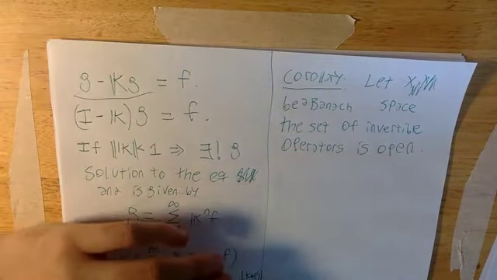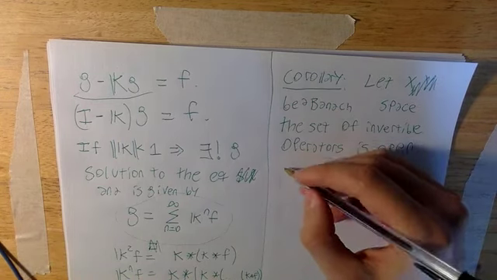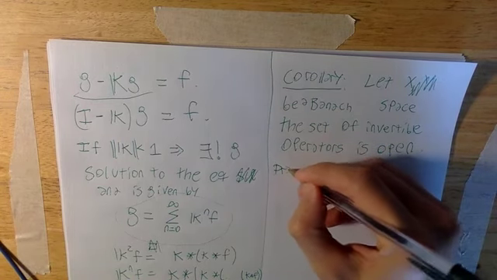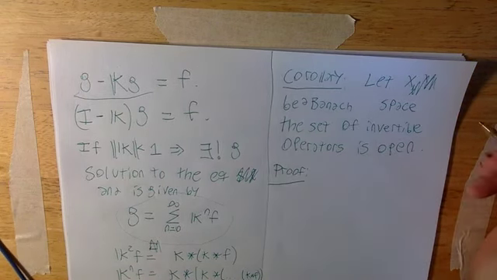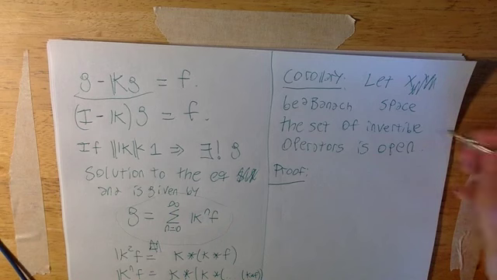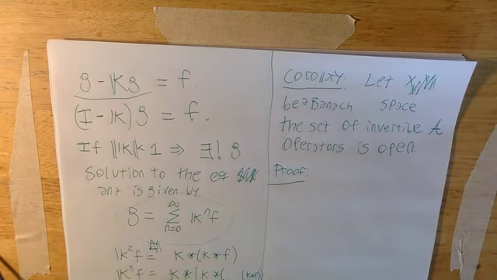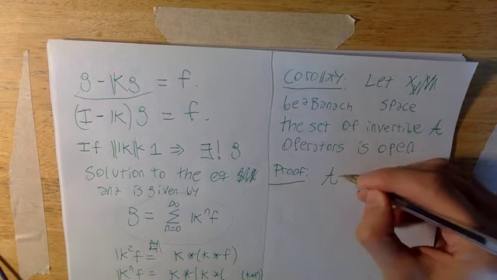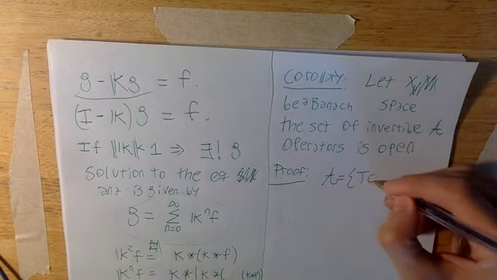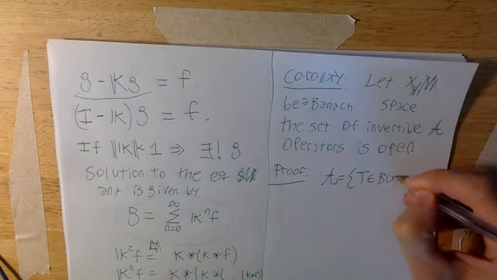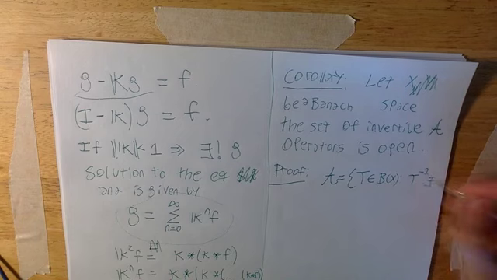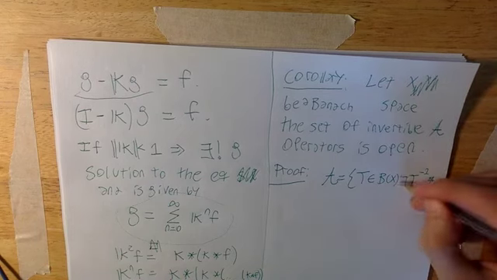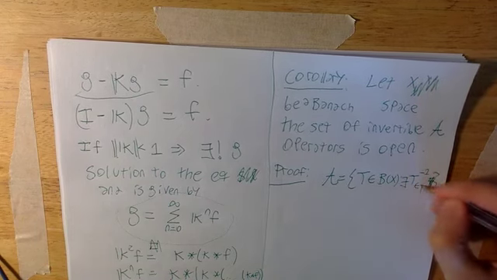What I'm saying will be clear in the proof. So we take the set of invertible operators, and I think in the book they define it as the set A. So A is equal to the T's in B(X) such that T inverse exists, so there exists T inverse in B(X).